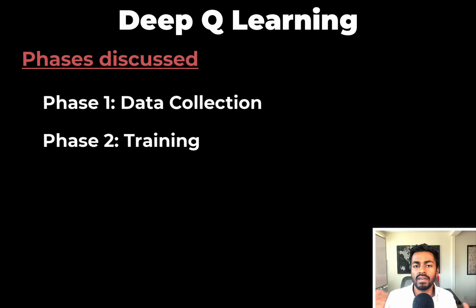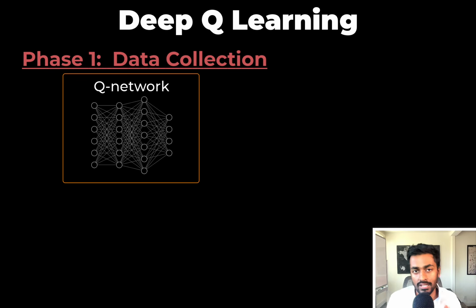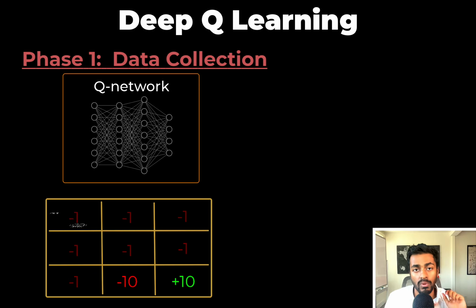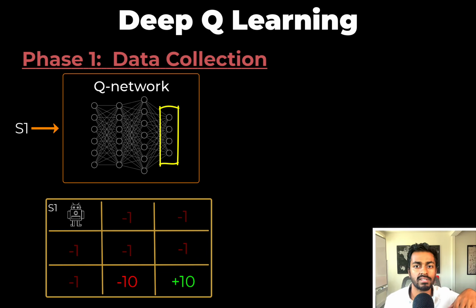Now, there are 2 phases that we discussed in Pass 2. That is the data collection phase and the training phase. So let's talk about both in detail, starting with the data collection phase. So first, we randomly initialize the Q network. We choose an initial state, pass it through the Q network, and the number of neurons, by the way, in the output layer of this network is the number of possible actions.